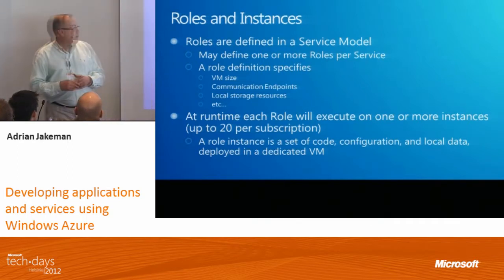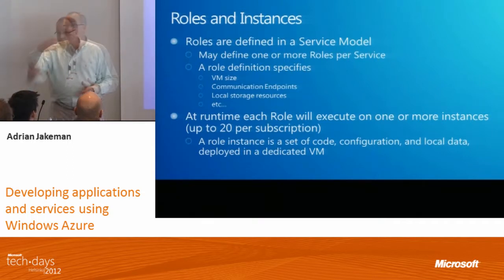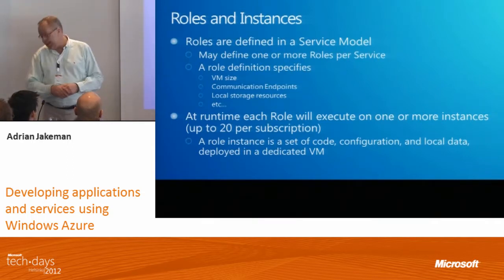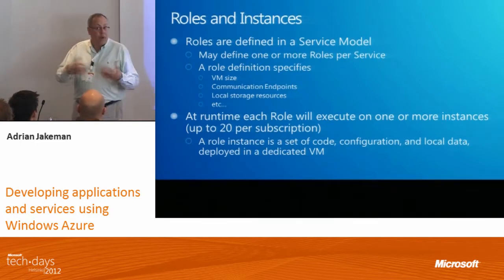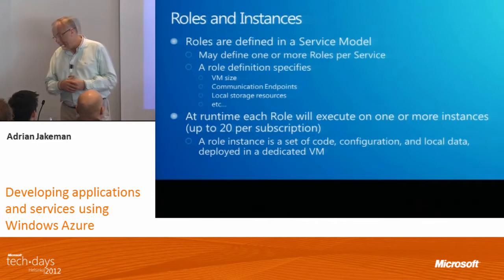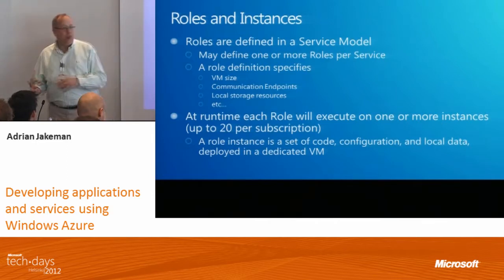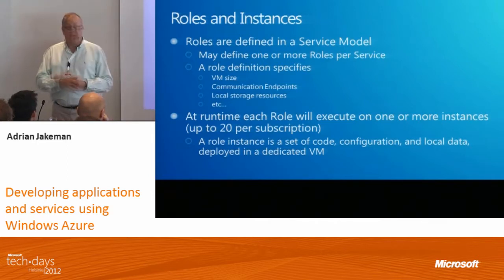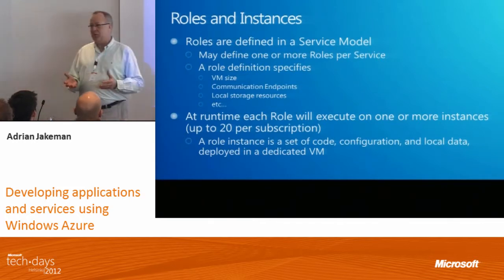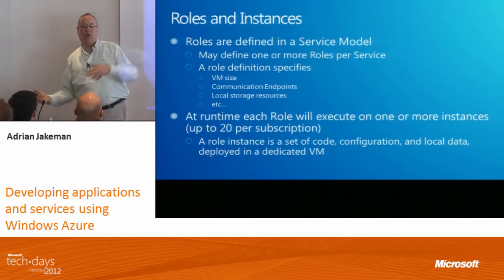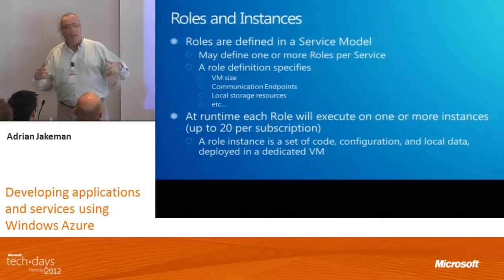What's important to remember, though, is that at runtime, each of the roles, the web roles, the worker roles that you create, will run on 1 or more instances. So I will have 1 or more virtual machines. And I can have up to 20 of those instances per subscription. Okay, now this could get quite confusing, couldn't it? I've been talking about roles, I've been talking about instances, I can have 5 roles per service, I can have 20 instances per subscription.